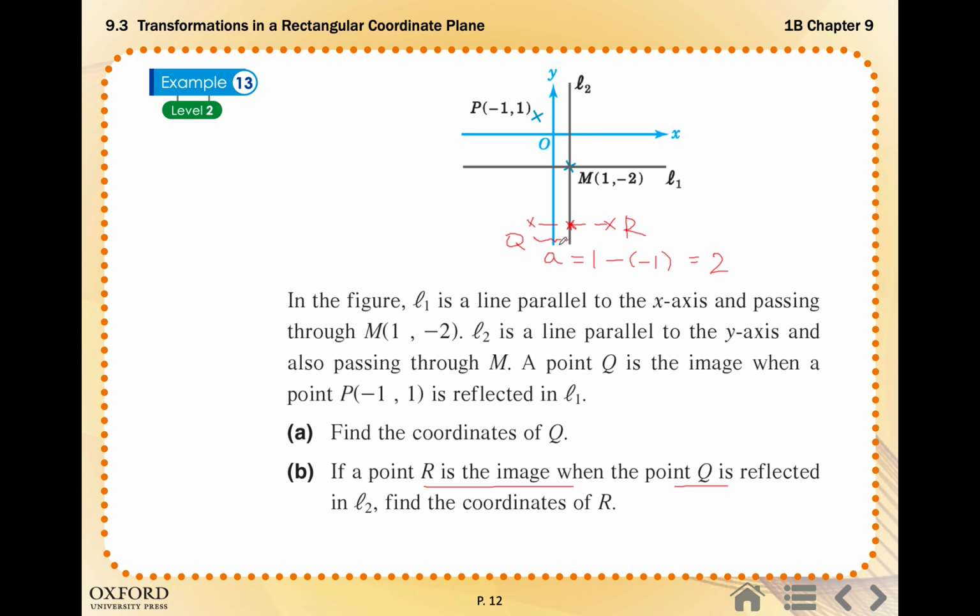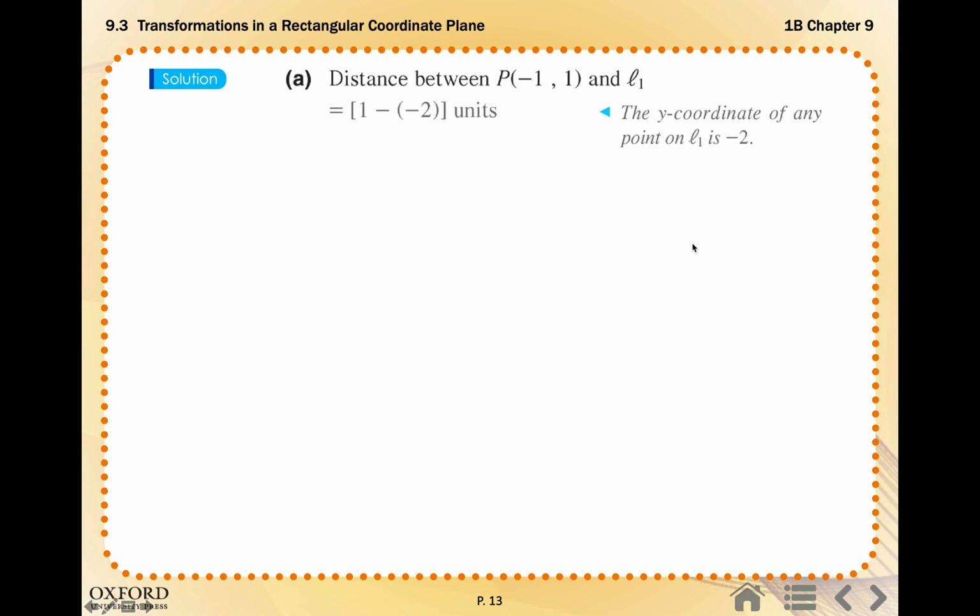I think the most difficult part is to find the distance between the point Q and the line L2. Because this is the horizontal line, remember, you have to use the difference of the X coordinate to find the length A here. And then after you get A, you can write down the solution like this.